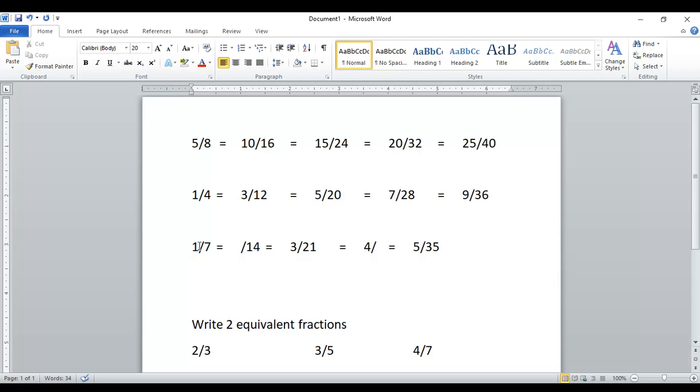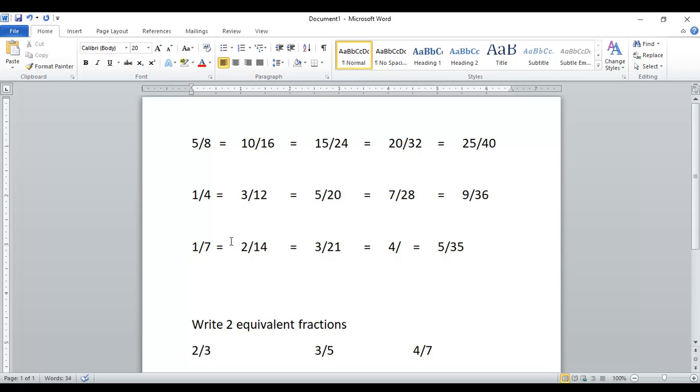So we have 1, blank, 3, 4, 5 as our numerators. So looking at that, what numerator do you think goes right here? We have 1, blank, 3, 4, 5. I hope you said 2. Now we have 1, 2, 3, 4, 5.